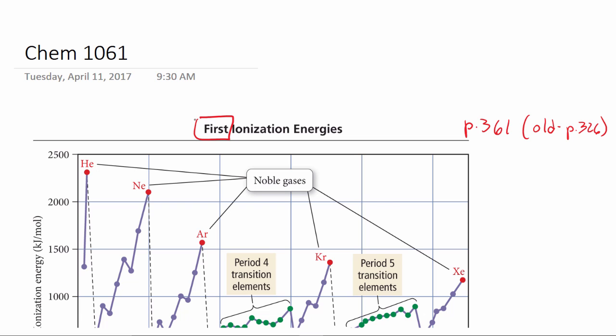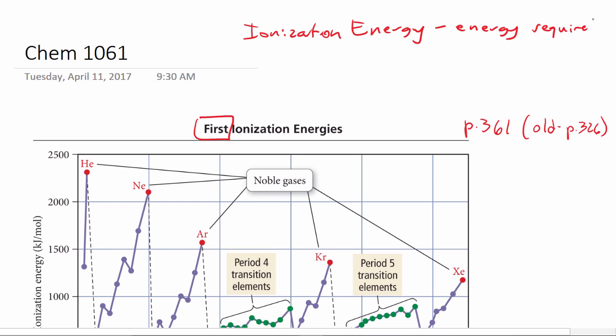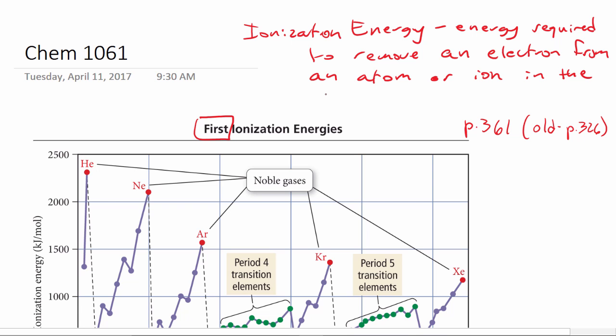We say that ionization energy is the energy required to remove an electron from an atom or ion in the gaseous state.